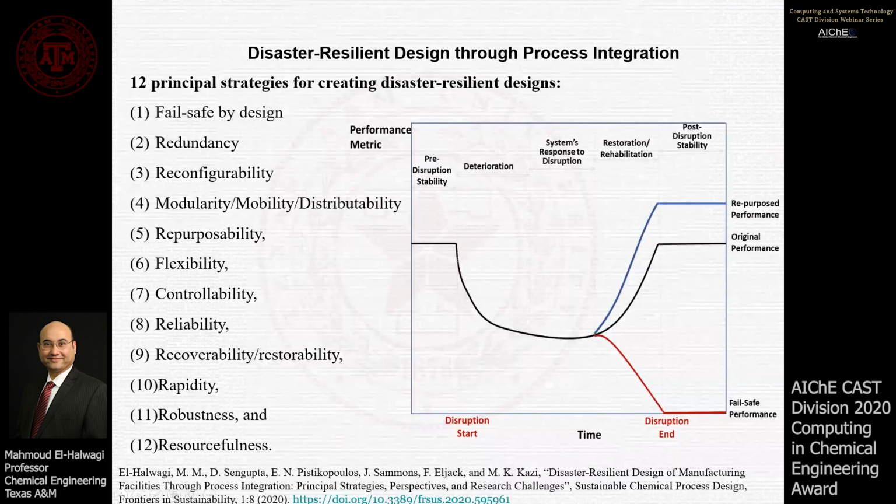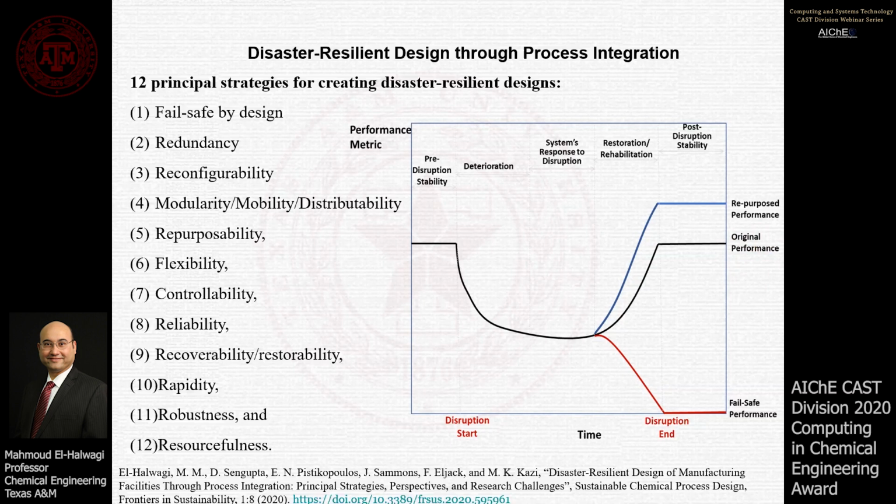Another important area is the use of process integration to develop disaster-resilient designs of industrial processes. In addition to the conventional approach of protecting the physical infrastructures and restoring operations to the normal or original performance, I mean, that is important. But in addition to that, we should also be thinking in a broader way.